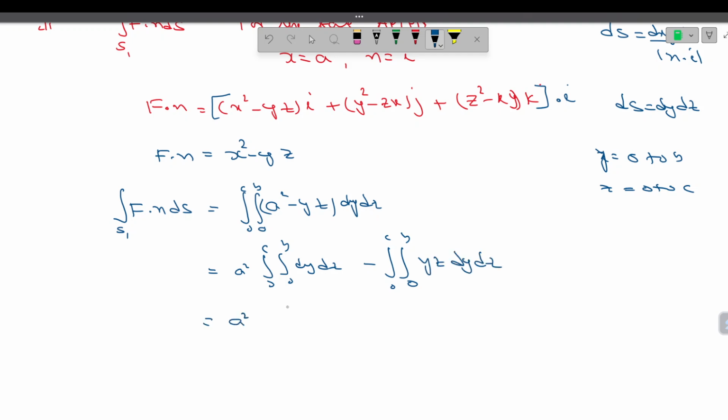So now a square as it is, integration, you see, separately we can do. That means we can go 0 to b y dy, 0 to c dz, minus this is y square.